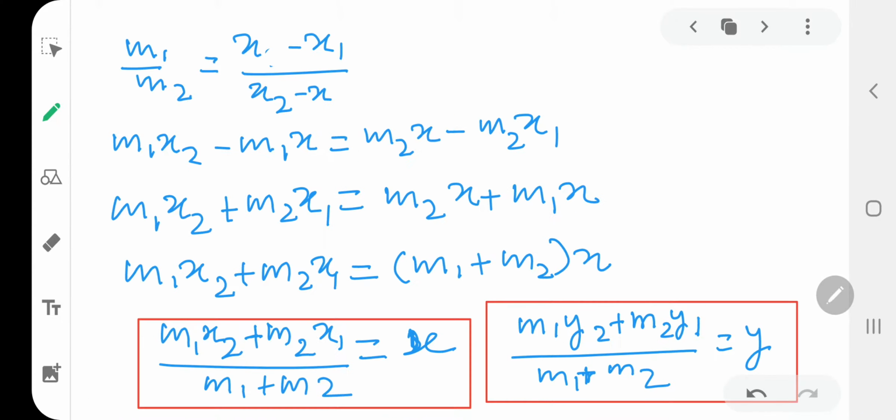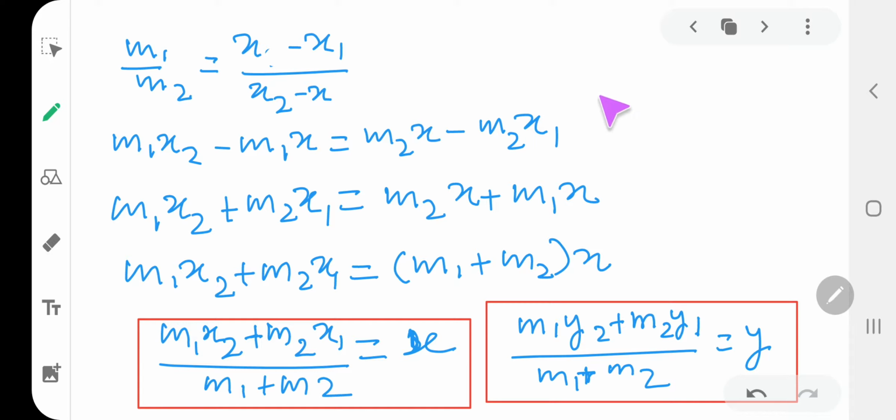Now children, similarly we will proceed to find out what if the ratio is given but the middle point is not given to us.